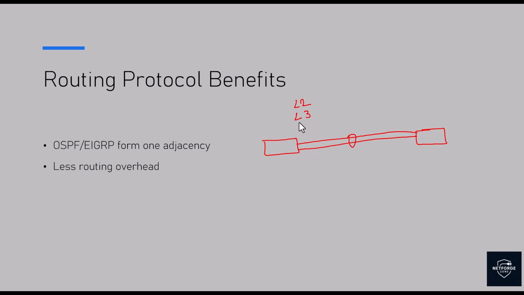What if this is an L3 port channel? Doesn't matter. You see again one link between the 2 devices, in this case, for example, switch 1 and switch 2. What you're going to do is to assign an IP address in here and another IP address in here. So this is again one link. You do not see this as 2 separate links. Although in layer 3, you can just ignore this port channel.